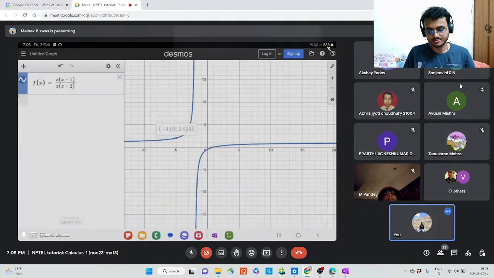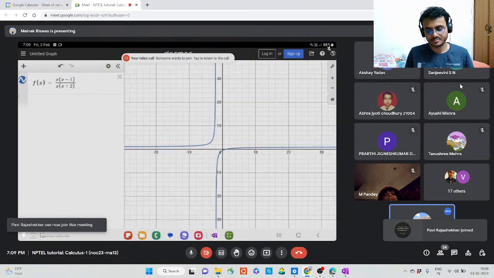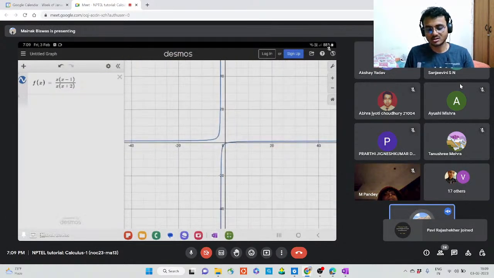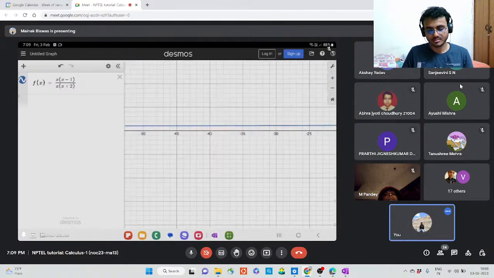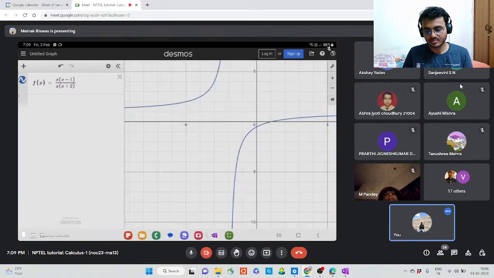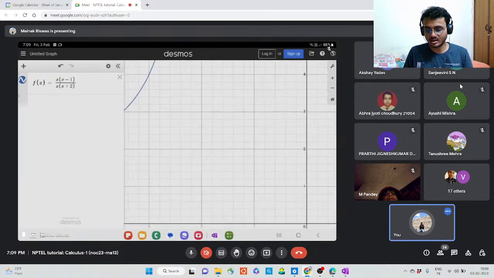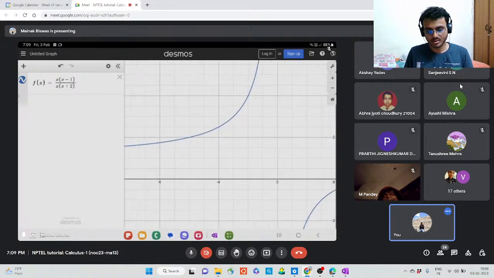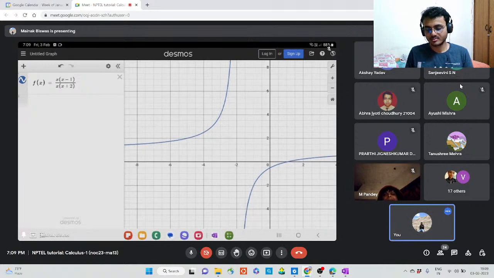Now see. Is this matching with our function that we drew? See? It's going to 1, right? On both sides. This is your 1. And this function is approaching your 1 throughout, right? Can you see that?